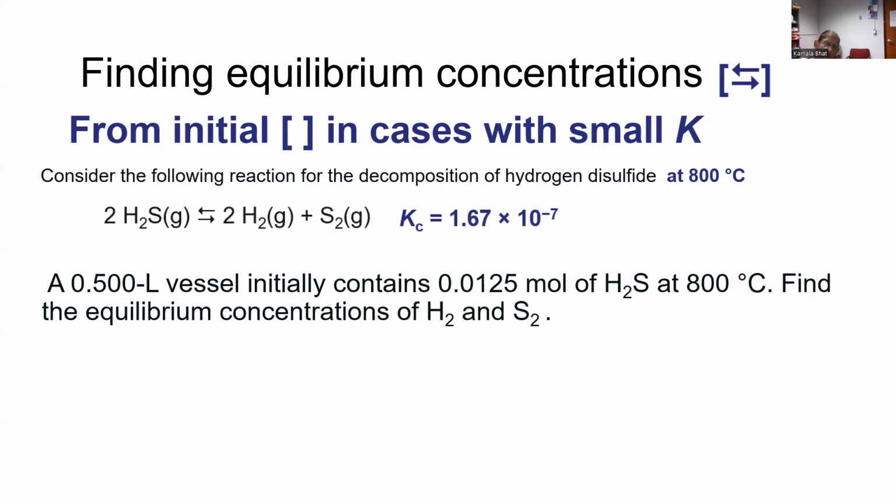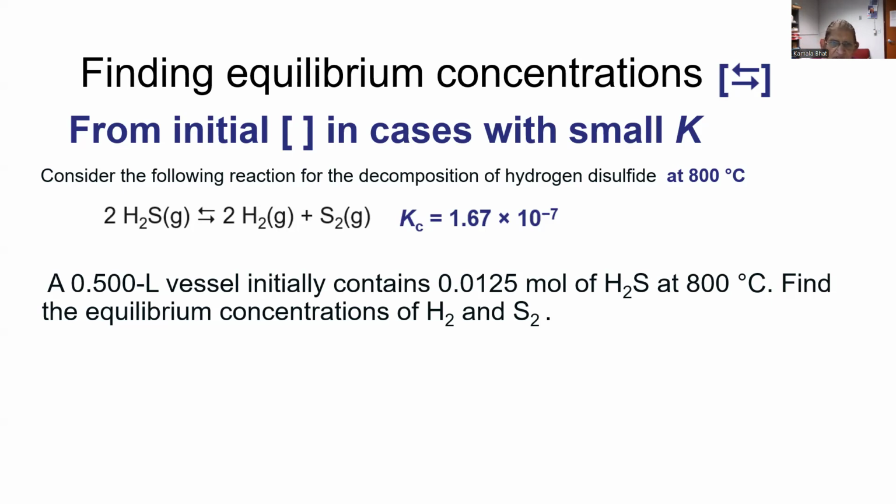And so we have 2 H2S breaking down to give you 2 hydrogen gas plus S2. And the Kc for this equation is 1.67 times 10 raised to minus 7. First, find out the initial molarity by dividing the moles of H2S by 0.50 liter, and see whether if you multiply 1.67 times 10 raised to minus 7 times 100, you get less than or greater than the initial concentration.